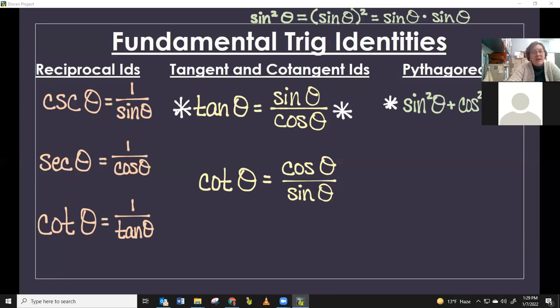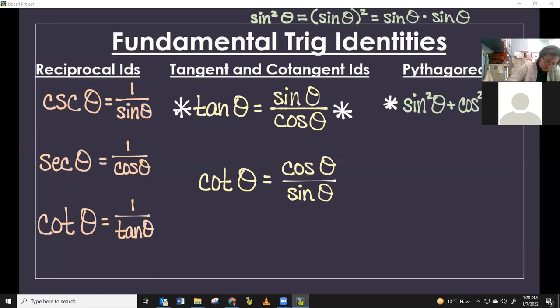And if I had to pick out of these 8 really important fundamental identities the 2 most important, it is the tangent identity and that Pythagorean identity right there. Those are far and away the most important identities we're working with.